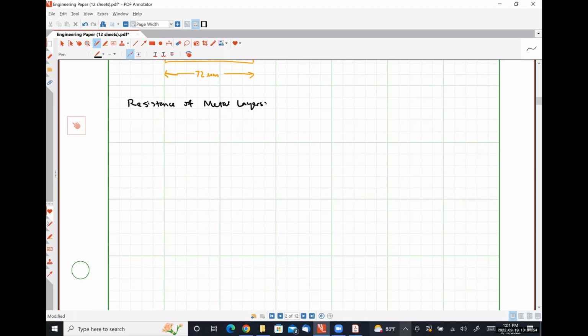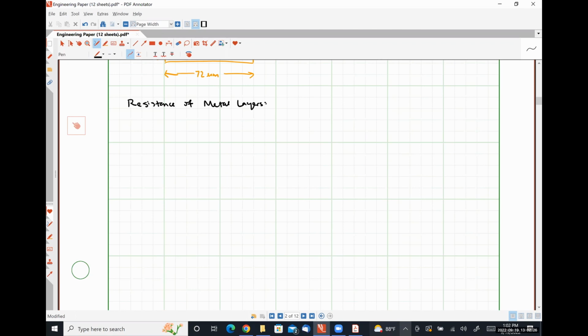It doesn't look like I have any specific resistance values in the table that I gave to you. Generally speaking, the resistance of these metal layers is somewhere in the ballpark of 0.1 ohms per square. Technically, the sheet resistances between the different metal layers are slightly different, because the thicknesses of those metal layers are slightly different.